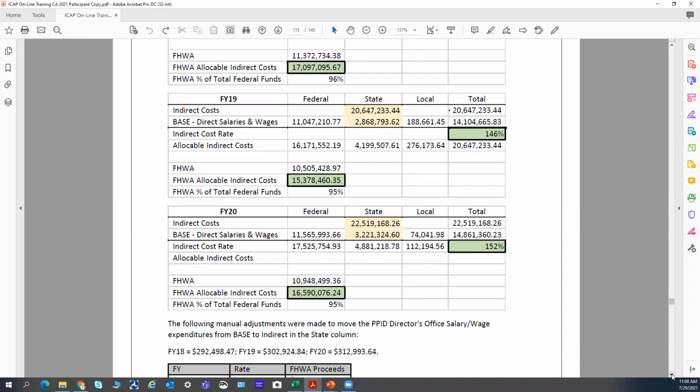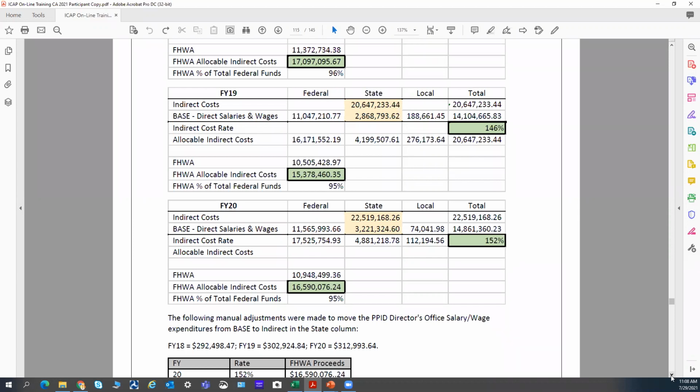The workbook that I showed you on day one, I think we just glanced over it. We'll open it up again today, but that one really goes into the details and starts showing where these pools came from, where that indirect cost dollar amount comes from, all the various indirect cost pools that they put together. Direct salaries and wages, I'll show you that too.